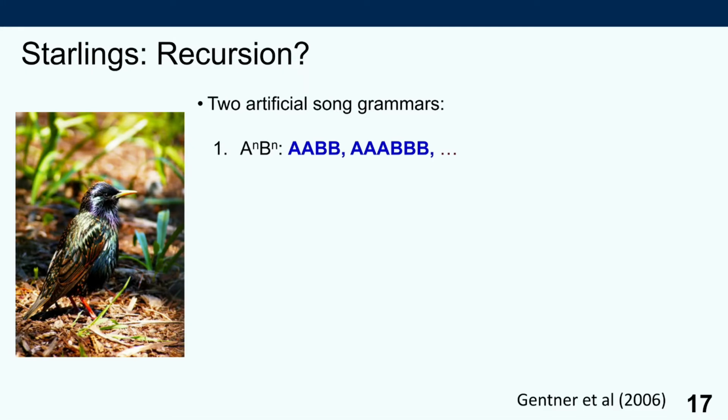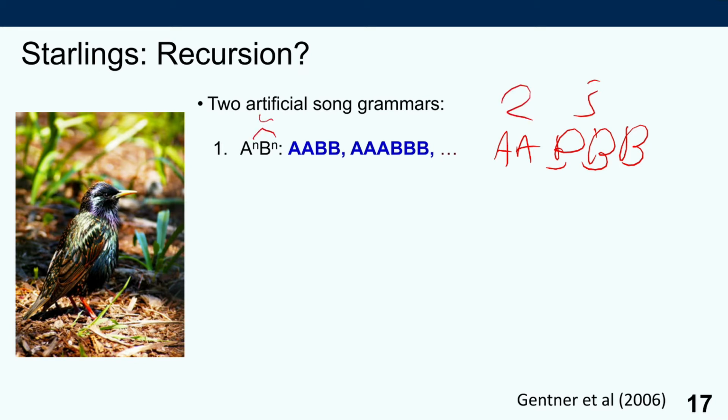So that's something that can produce sequences of equal numbers of A's followed by equal numbers of B's. For example, AABB is fine, AAABBB is fine, and so on. However, something like AABBB is not fine, where we have 3 versus 2, because that doesn't conform to the fact that N has to be the same.